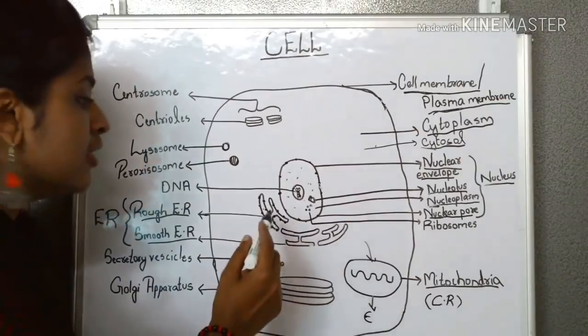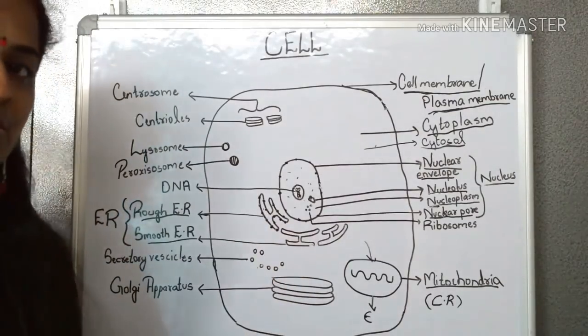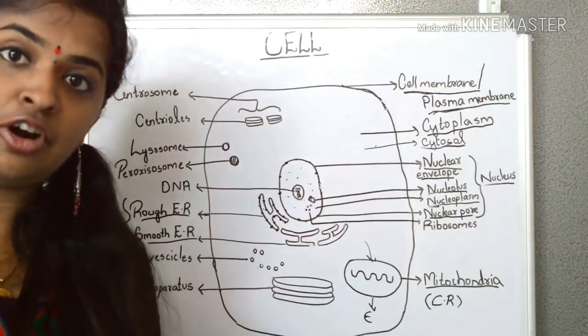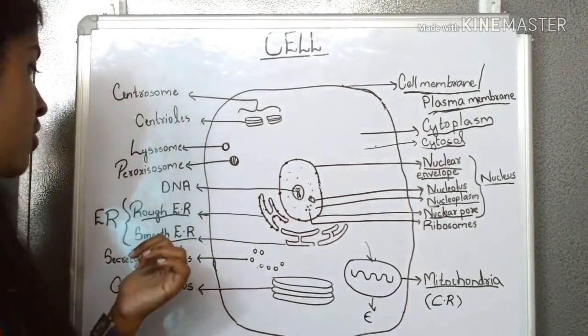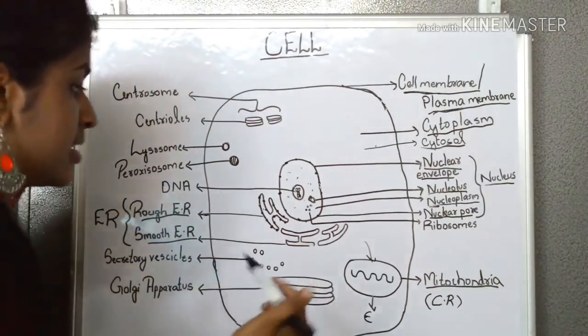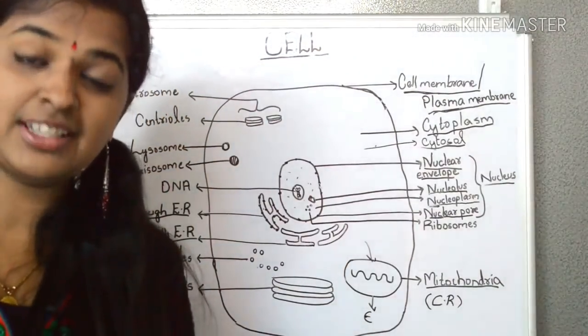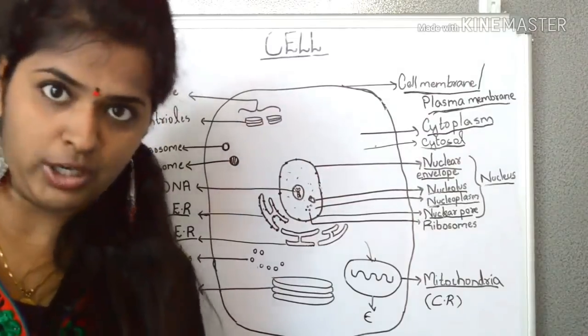The function of rough endoplasmic reticulum is to produce proteins, and it helps in the folding of proteins. The function of smooth endoplasmic reticulum is to help in the production of lipids, which are necessary for our body.